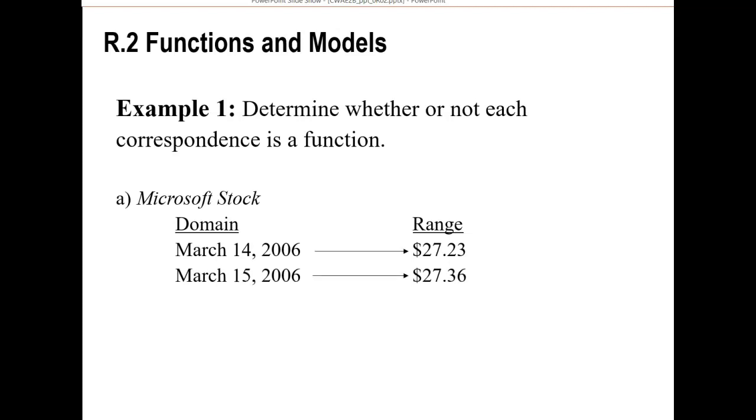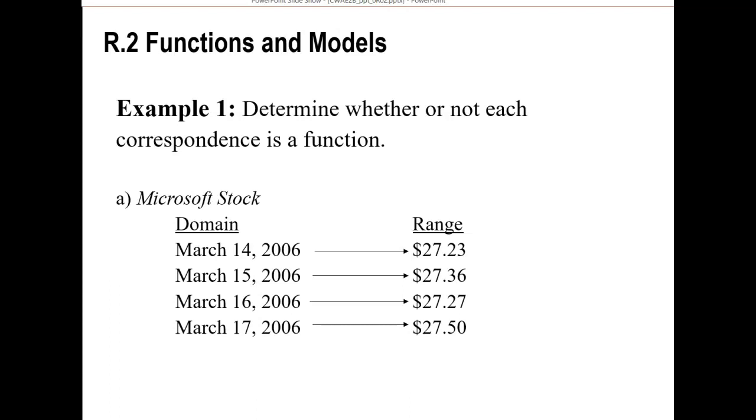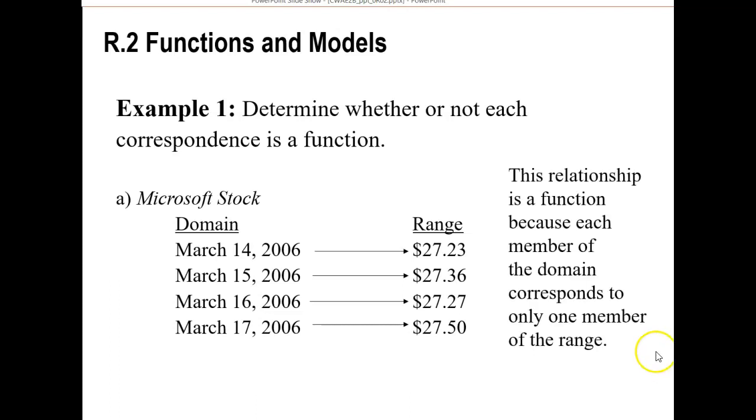Second element, a date corresponding to a dollar amount, another date corresponding to a dollar amount. All right, so this relationship shown in this mapping is a function because each member of the domain, the dates, corresponds to one member of the range. So that meets the definition. So you would say, yes, this would be a function.